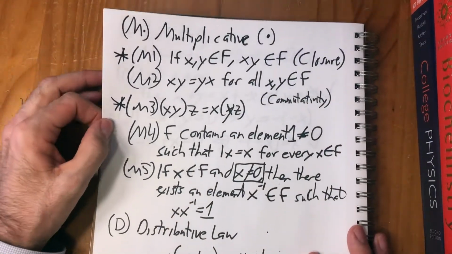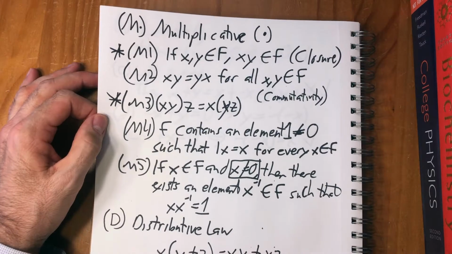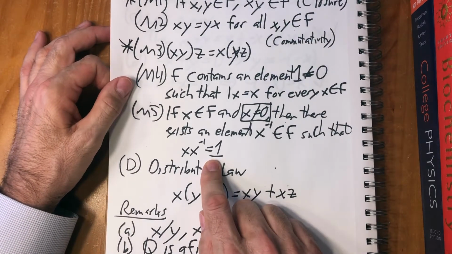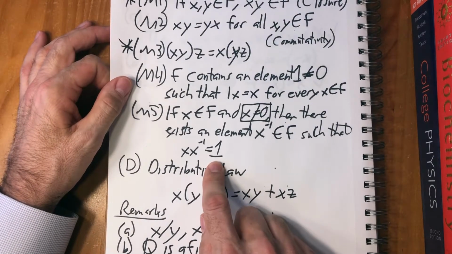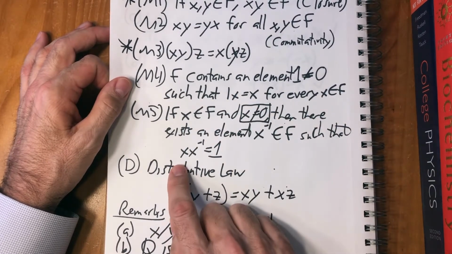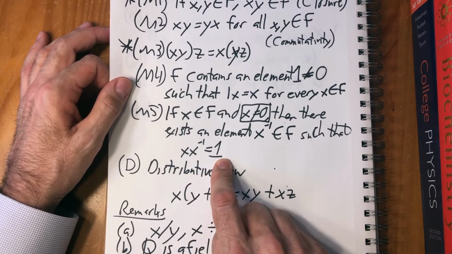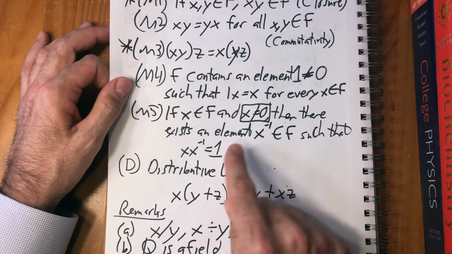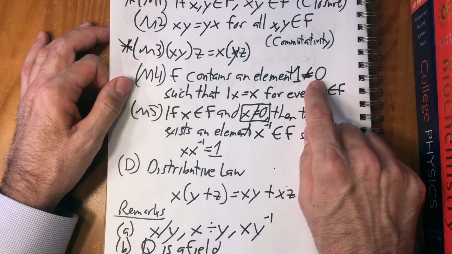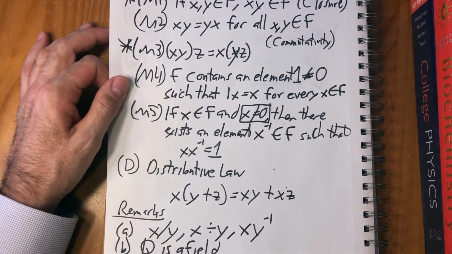And with the multiplicative axioms, we have that there's an identity element, 1 times x equals x, and each element has an inverse, x times its inverse equals 1. And we know that the identity element is not the 0 element, but we never said anything about multiplying by 0.